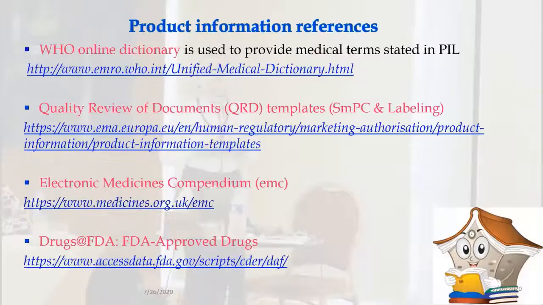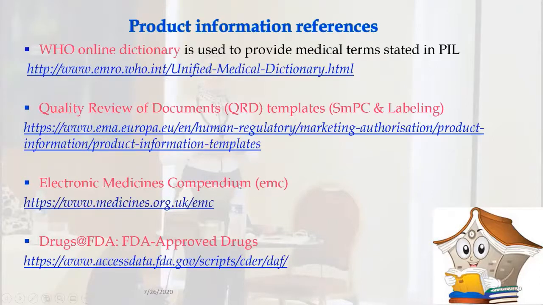If you would like to read more information about the template of the SmPC, labeling, and PIL, you can check the EMA website for the quality review of documents, the QRD template. As well, the medical affairs team has to use the WHO online dictionary in order to provide the appropriate scientific terminologies in the patient information leaflet and in the SmPC as well.